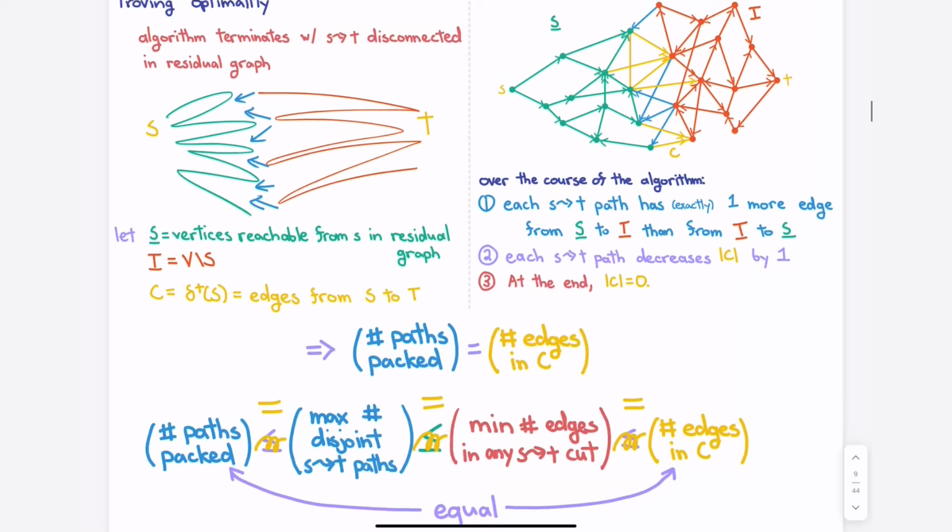And we're able to prove that the algorithm works by looking at the residual graph at the end and things like this. Now, a really important feature of the proof in the analysis is that we already knew that the maximum number of paths is at most a minimum ST cut. And in the proof, we studied an ST cut suggested by the residual graph at the end.